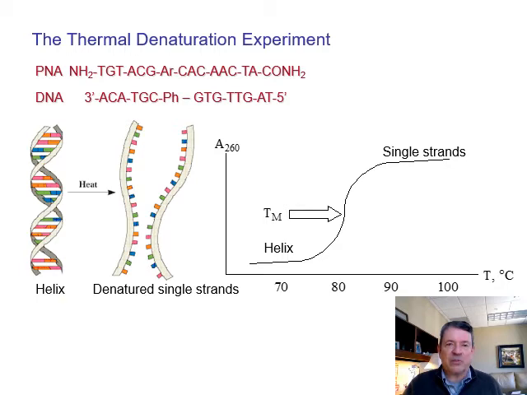Turns out that the absorbance at 260 nanometers increases as you go from double helical to single-stranded DNA. And from this you can get an estimate of the stability, called the Tm, the melting temperature, or you can also extract thermodynamic data. You can get delta H and delta S for the transition out of this curve, and then of course you can work back to free energies from that.